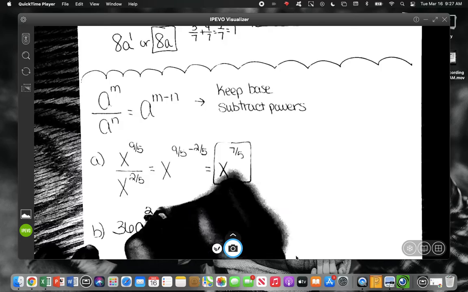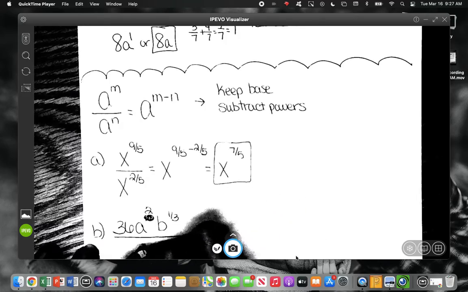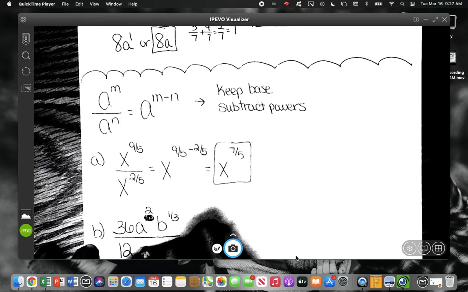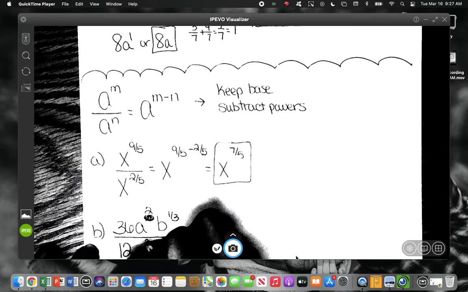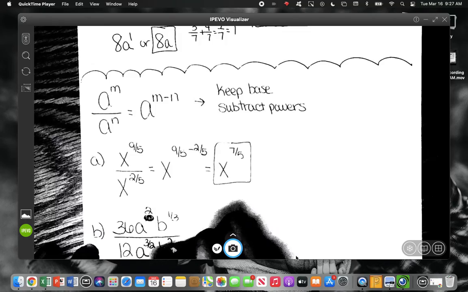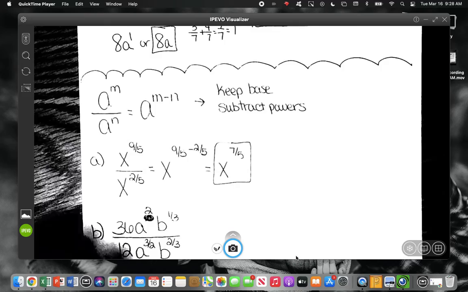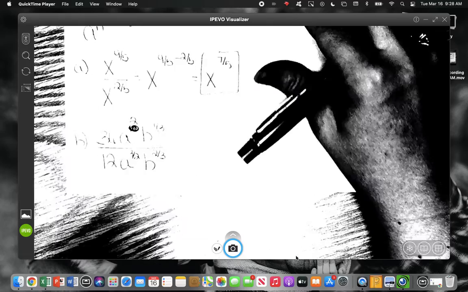Make that a 2. Is that a little easier to see?